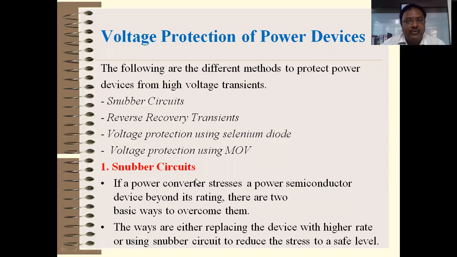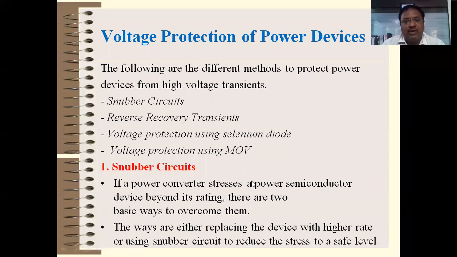The first one is the snubber circuit. This snubber circuit consists of one capacitor and resistor. With the help of this snubber circuit, we can protect our power devices from any high voltage spikes.